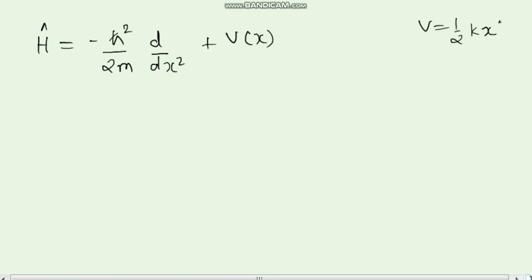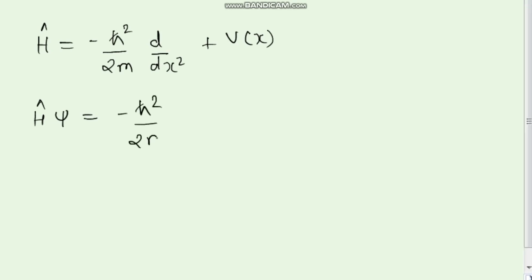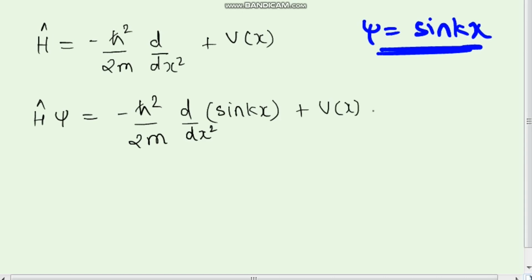As you see, it will not affect the value of psi, so let's not write it. What is the value of h cap psi? Minus h cross square by 2m times the second differential of sine kx, plus v of x into sine kx. So what you will get is minus h cross square by 2m d by dx, two times differentiation.